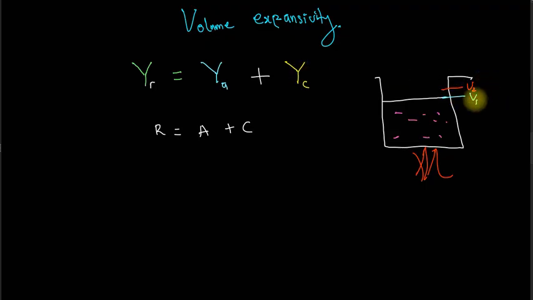So if we measured that it increased from V1 to V2, that is the change in volume, that's just what we saw, but that's not the truth, because we didn't account for the expansion of the container as well. So this is what we call the apparent cubic expansivity, while the expansion of the container itself is called the expansivity of the container.